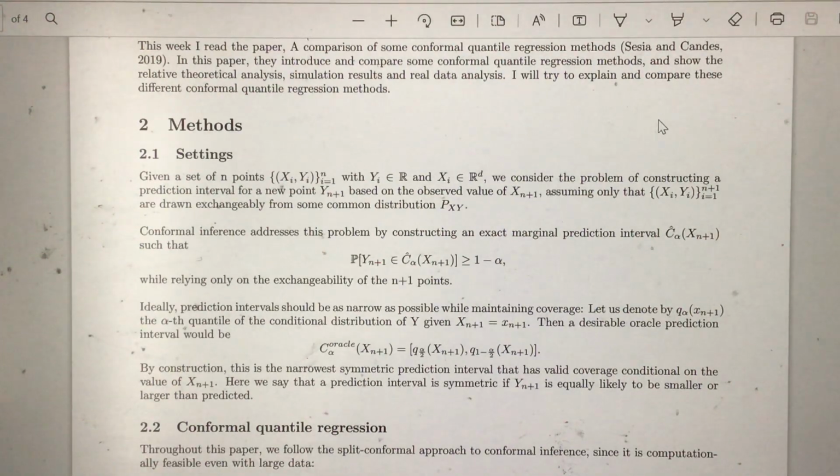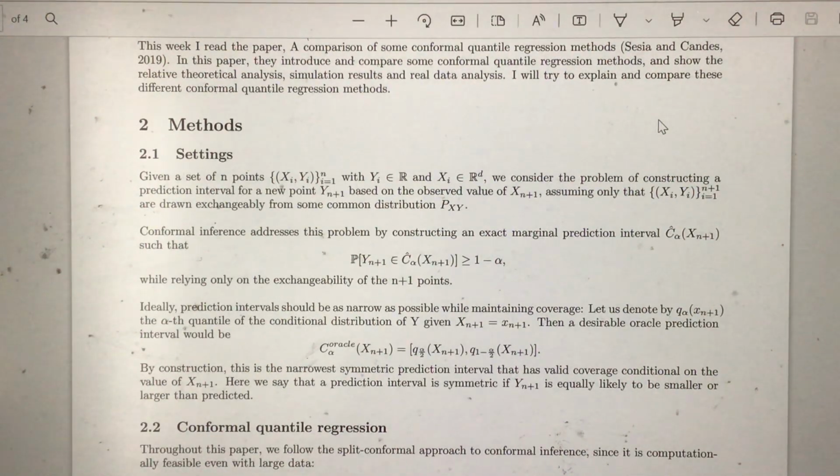So conformal inference addresses this problem by constructing an exact marginal prediction interval, C hat alpha(xn+1), such that the probability of yn+1 belonging to this prediction interval is larger or equal to 1 minus alpha.